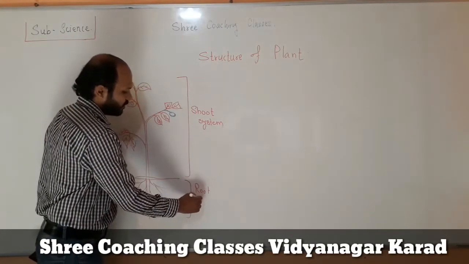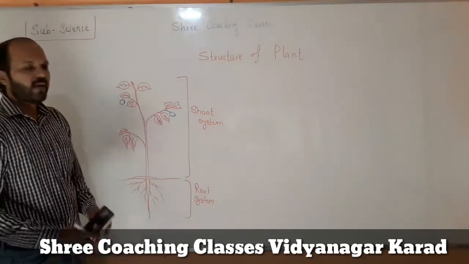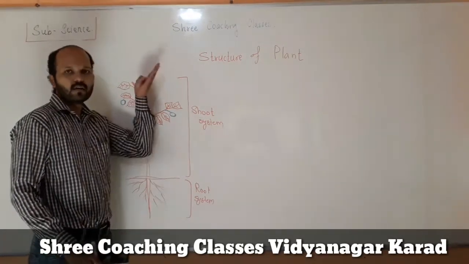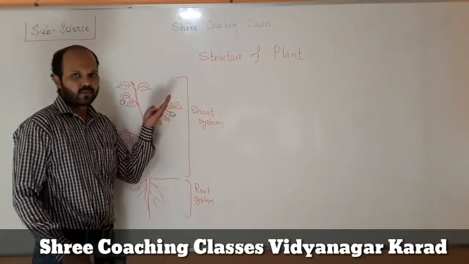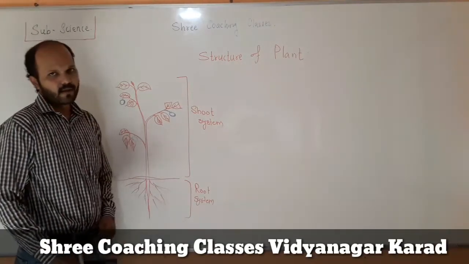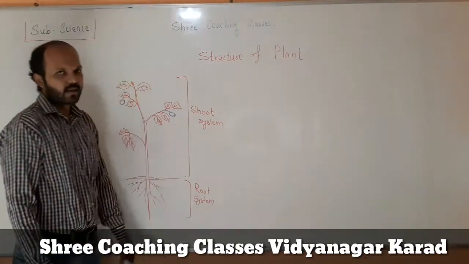The shoot system is present above the ground level, and the root system is present below the ground level. That means roots are present under the ground.